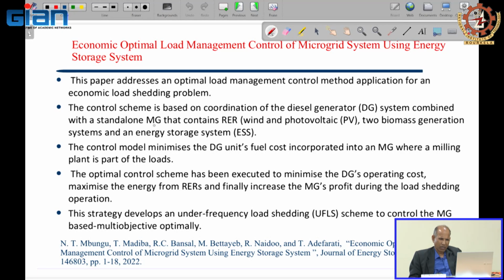The control model minimizes the diesel generator units' fuel cost, because of how we are going to have the optimal operation.